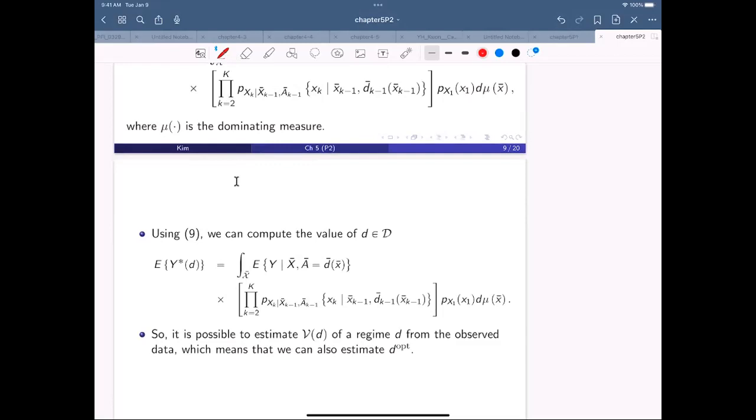So this is identification assumptions and G computation. Here there's something like that, right?